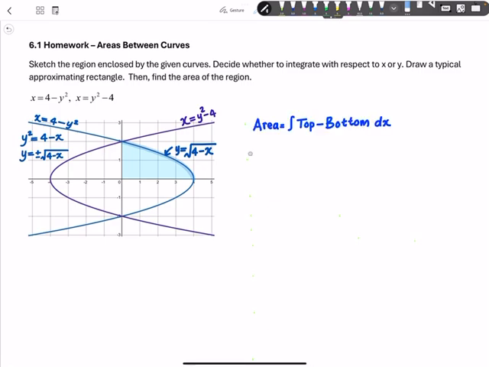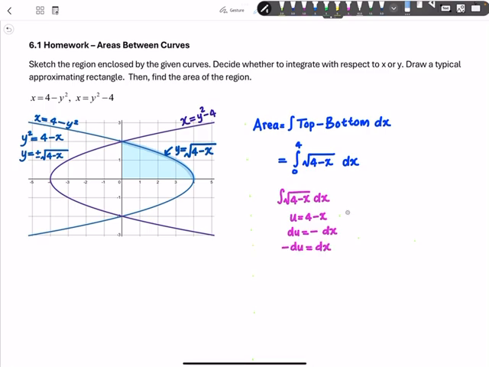This would have been the integral from 0 to 4 of the square root of 4 minus x dx. In this case, we would have had to use a u substitution. So I would here let u be equal to 4 minus x, which makes du equal to negative dx, so negative du is equal to dx.